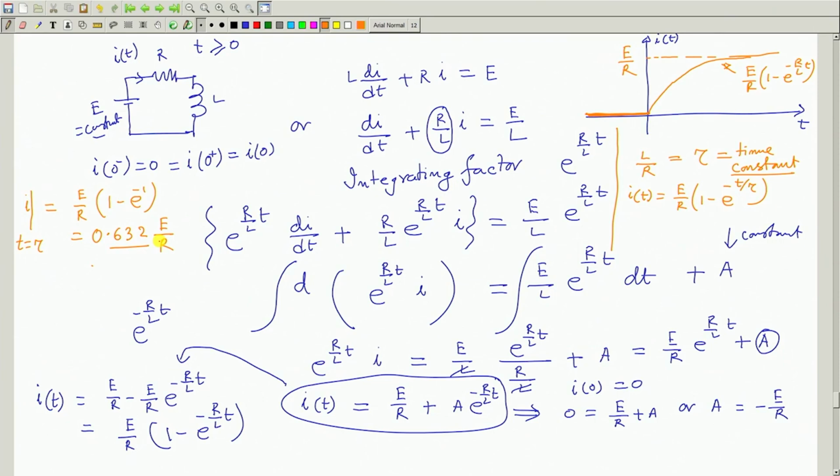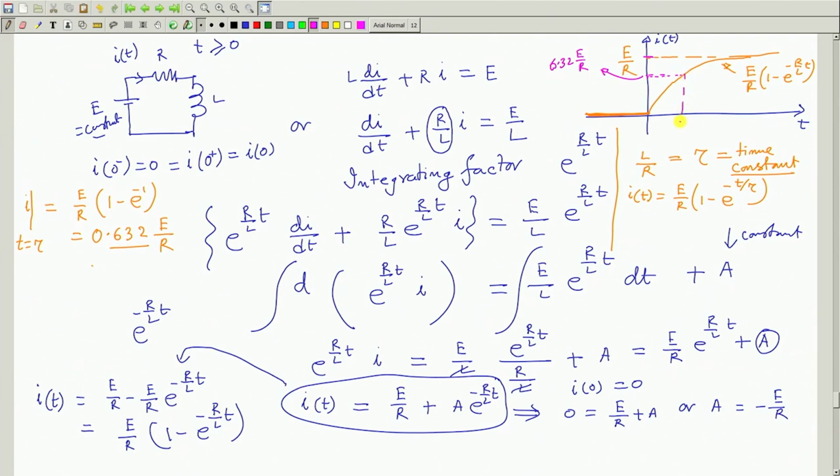So, what happens is this, we have seen that this current is growing exponentially. At t equal to tau, it is 63.2% of E by R, about 63%, maybe here. This point is 0.632 E by R, this level.